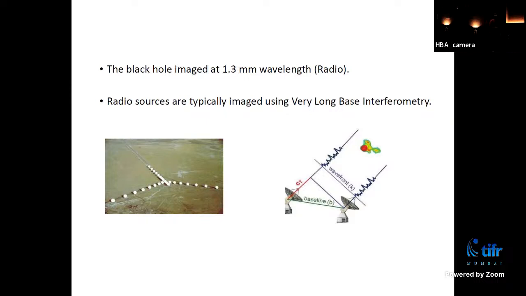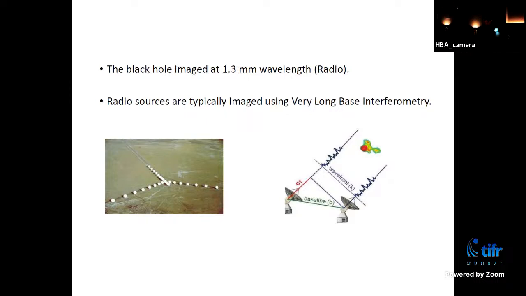Now, radio sources are typically imaged using a technique called very long baseline interferometry. If we want a telescope with high enough resolving power, then we need to increase the diameter of the telescope. What happens for radio waves is that the wavelength is comparatively bigger.